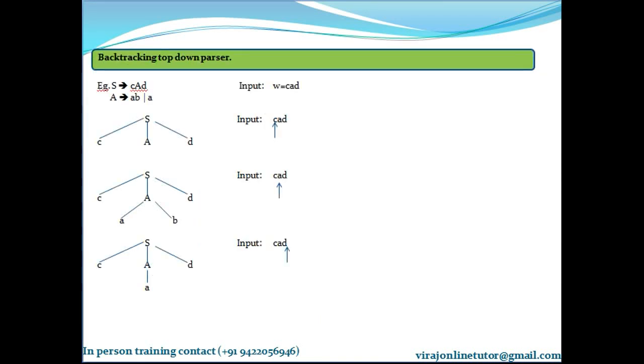Now this is an example of a backtracking top-down parser. Backtracking top-down parser is one in which again we start from the starting symbol of the grammar and we work towards getting the user input string, and if we are not able to get the user input string properly, and if following another option in the grammar we can get it, then we definitely backtrack and choose the next option from the grammar.